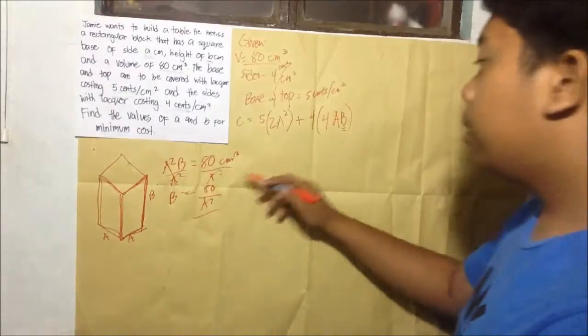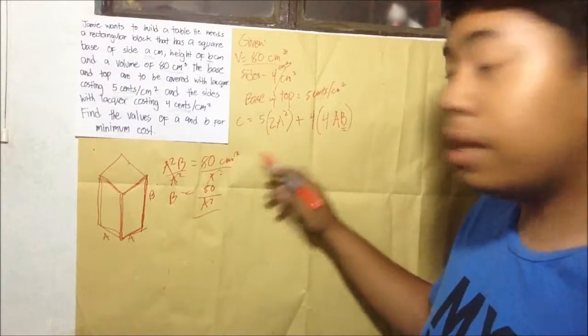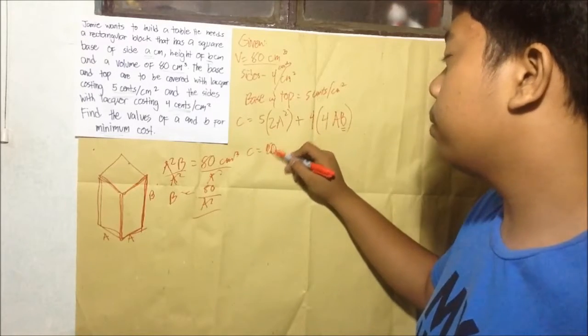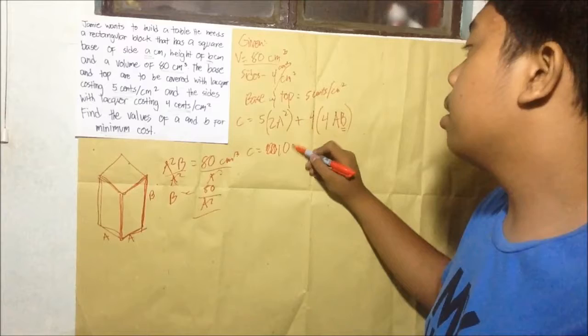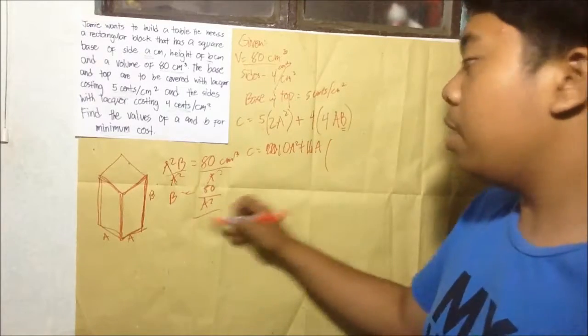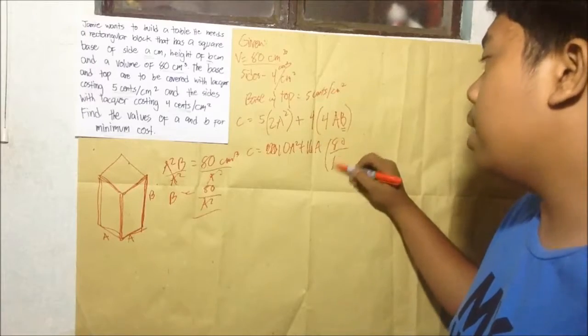Now, substituting this here and simplifying, sorry, it's 10A squared plus 16A times our B, which is 80 over A squared.